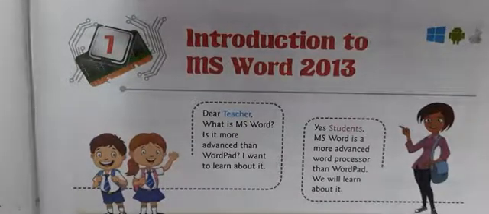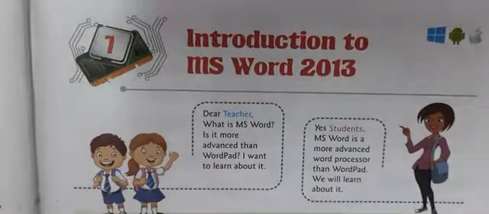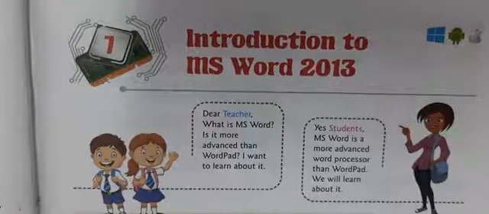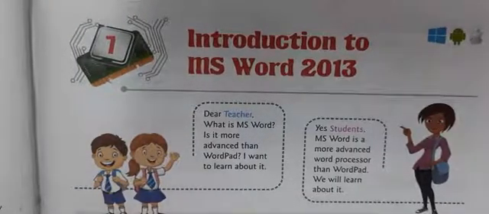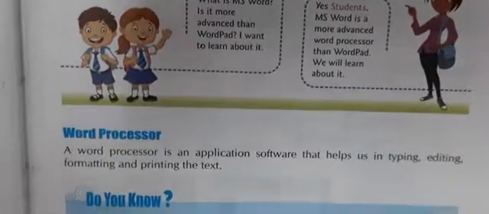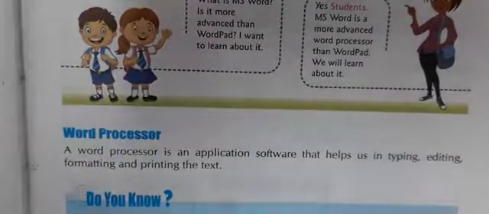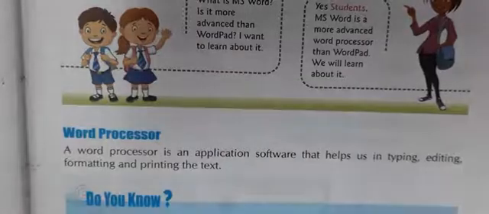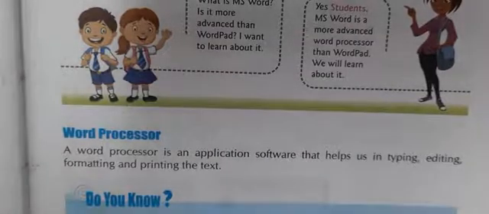Now, first we will learn what a word processor is. What is a word processor? A word processor is an application software that helps us in typing, editing, formatting, and printing the text. In WordPad, we can only type and edit the text.